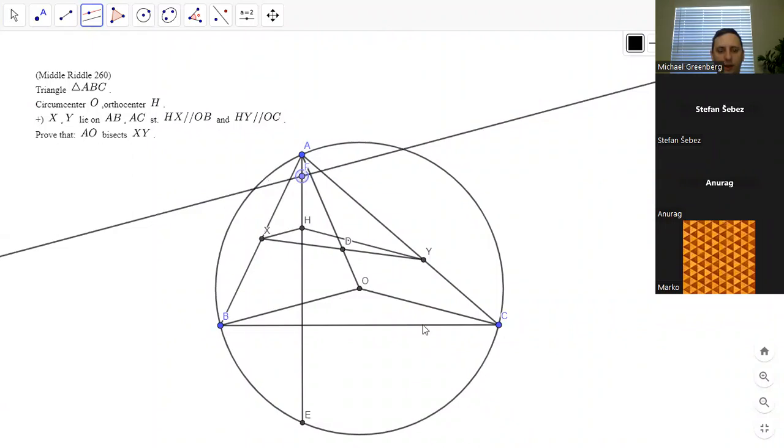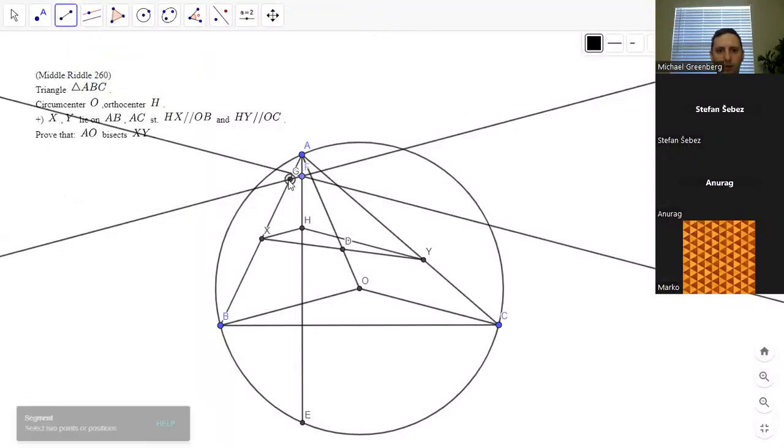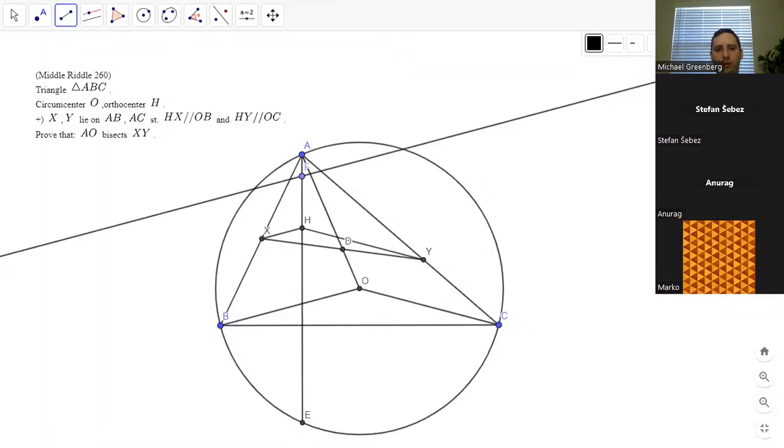Then basically this triangle FGI is homothetic to HXY. So proving that AO bisects XY is the same as showing that it bisects GI. So the question is just what should that point be?